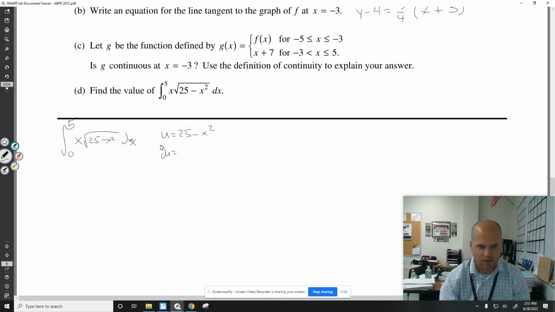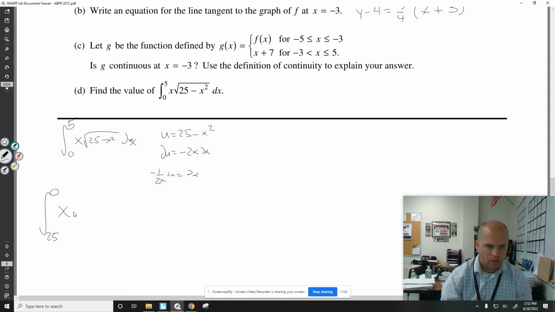U equals 25 minus x squared. Du is negative 2x dx. Negative 1 over 2x du equals dx. If I plug in 0, this turns into 25. If I plug in 5, this turns into 0. x root u times negative 1 over 2x du. The x's cancel.